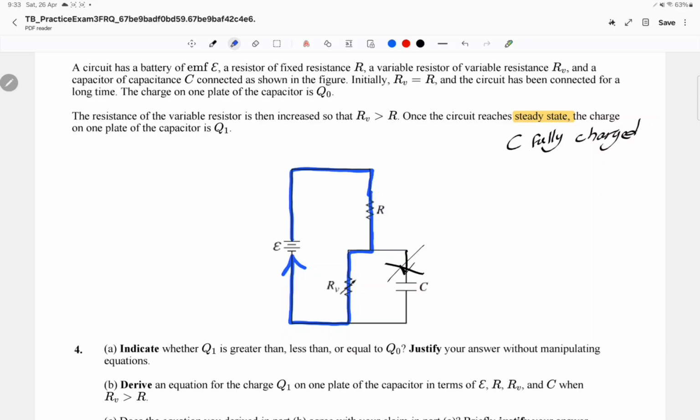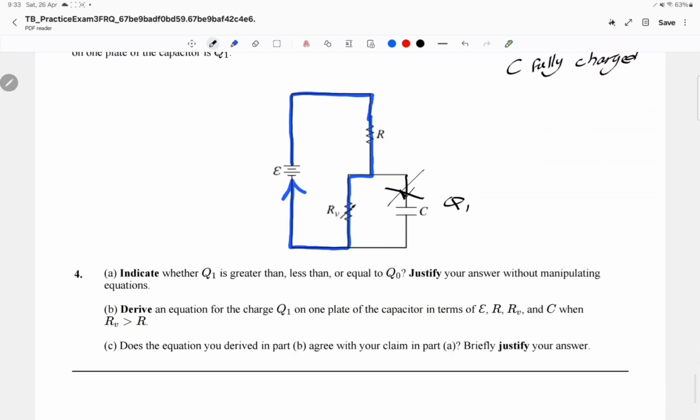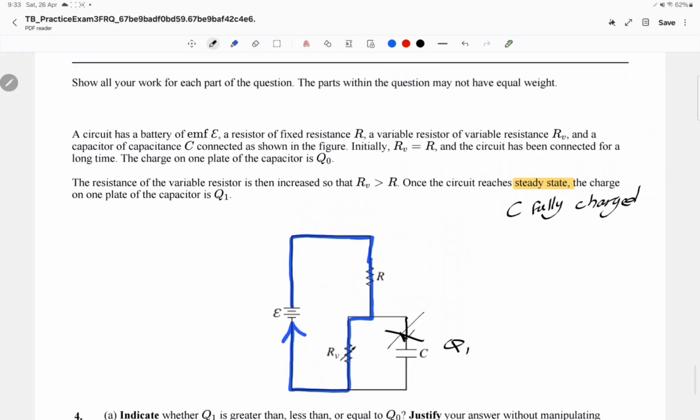Now, the charge on the capacitor is going to be Q1 when it's fully charged. And Q0 is when the circuit is connected for a long time. In the beginning, RV is equal to R, it's Q0.